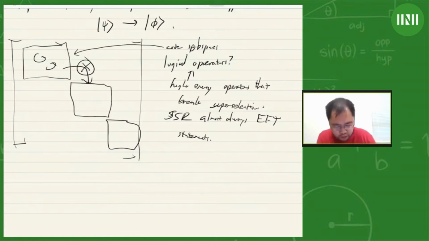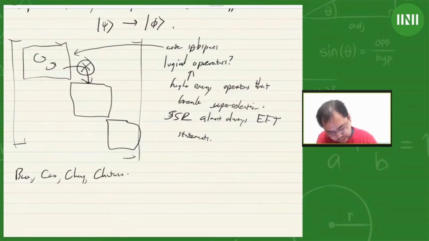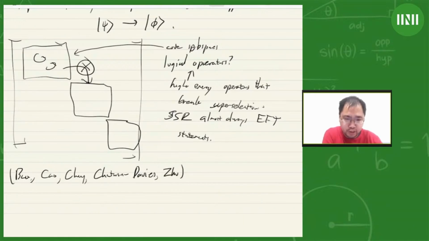So this was some work by me and some of the same people, Charles Cao, his student Gong Cheng, Hayden Chatwin-Davies, and Guanyu Zhu again, making this connection between superselection and quantum error correction.